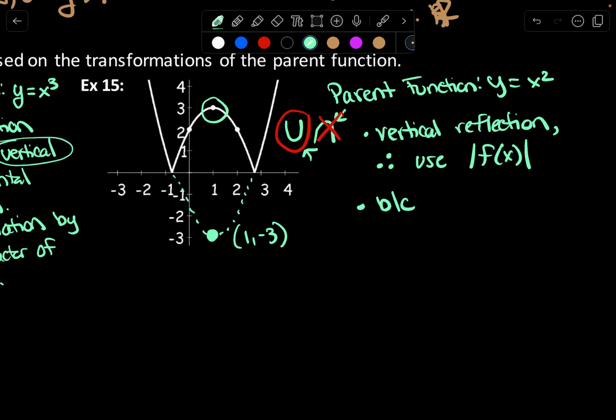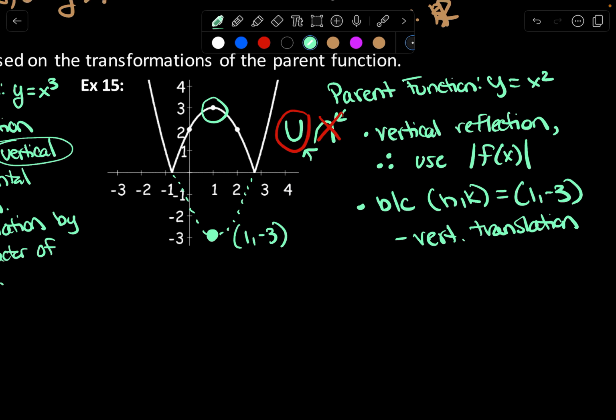So because my vertex is (1, -3), we have a vertical translation of -3, because for the parent function, it should be on the origin, so it got shifted down 3. And then we have a horizontal translation of 1, because it got shifted over 1 unit to the right.